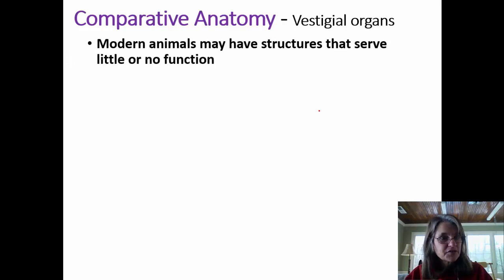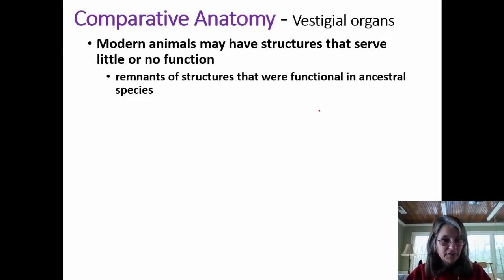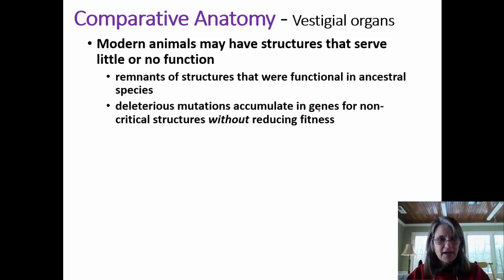So, vestigial structures are found in modern animals and they have little or no function. So, how do they get this way? Well, if an animal is not really using a structure, for example, if a water-based whale ancestor was not really using its hind limbs, then if it gave birth to a baby proto-whale with mutated, badly formed hind limbs, it wouldn't really matter to that baby whale because it wasn't using the hind limbs anyway.